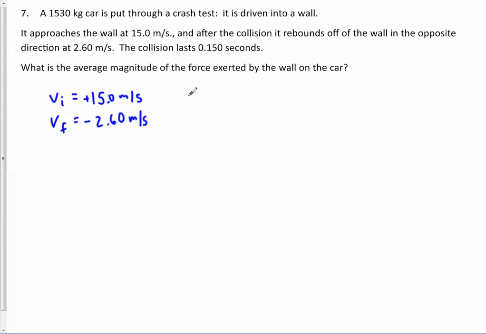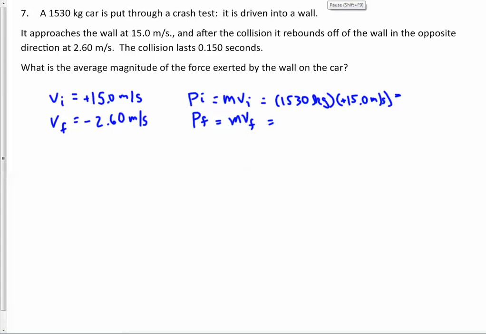So we have an initial and a final momentum where you multiply by the mass. We put in the numbers for the initial, and we get 22,950 kilogram meters per second, or newton seconds, which was the alternate unit.